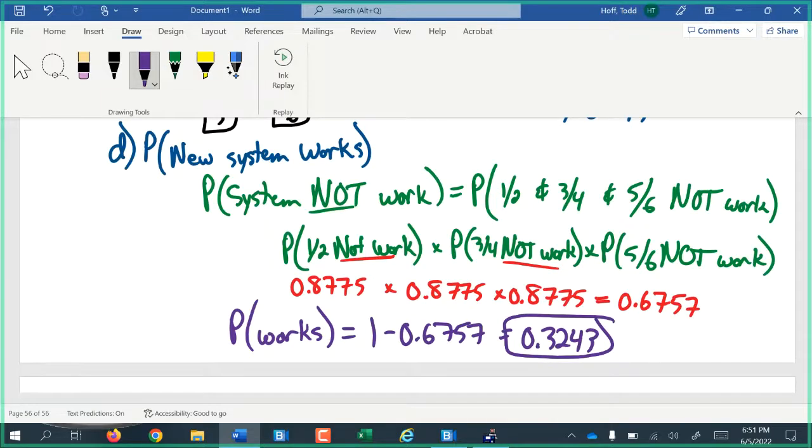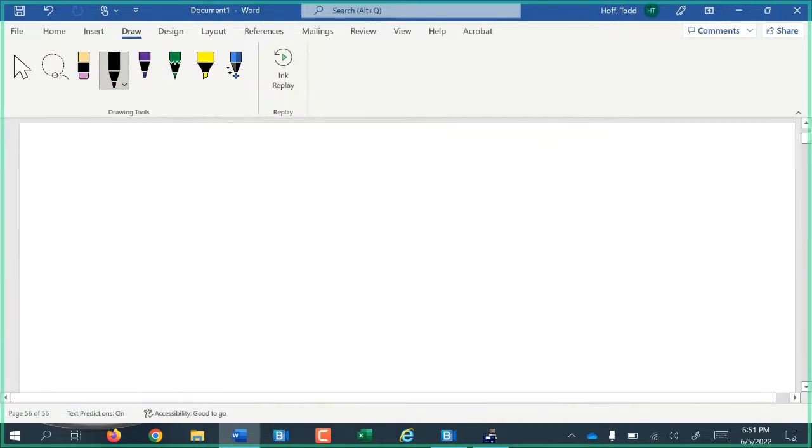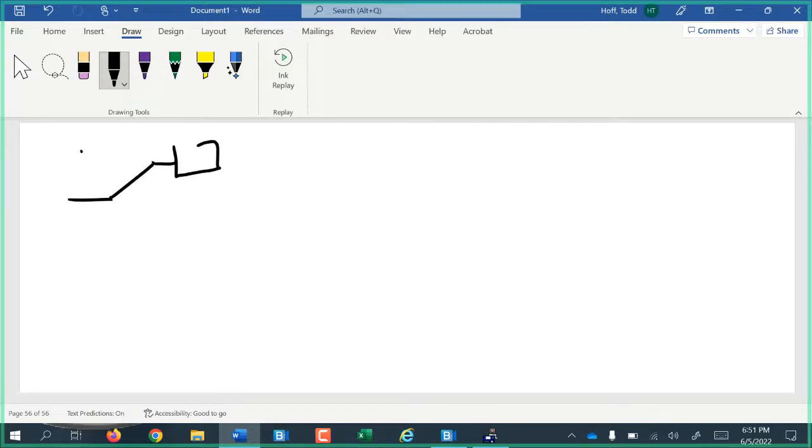Part E is asking us to go back and redo the whole thing. But now instead of adding a third branch, we go back to 2 branches, only now each branch has 3 units on it.